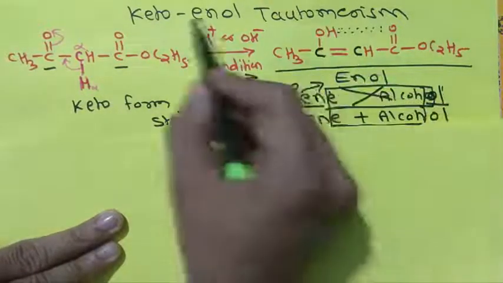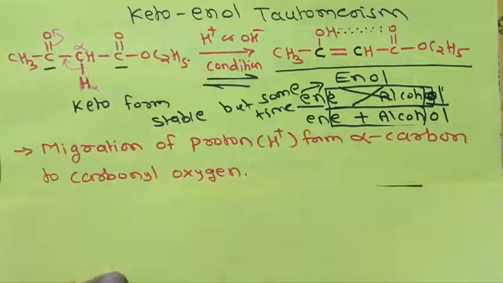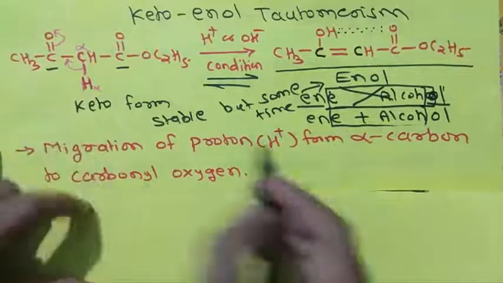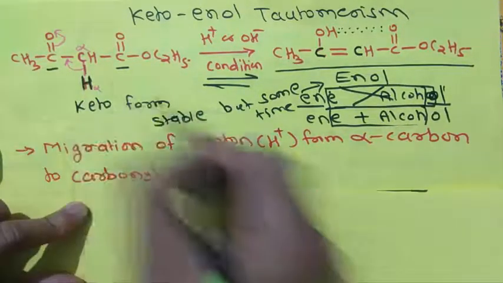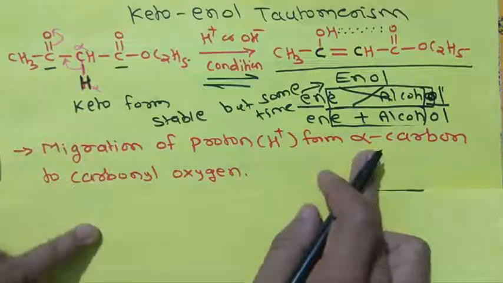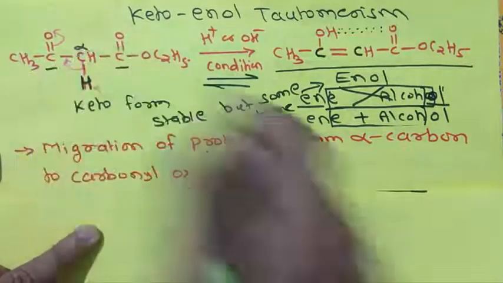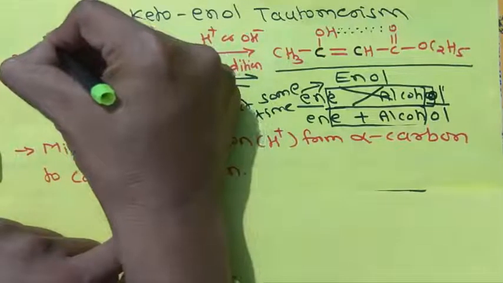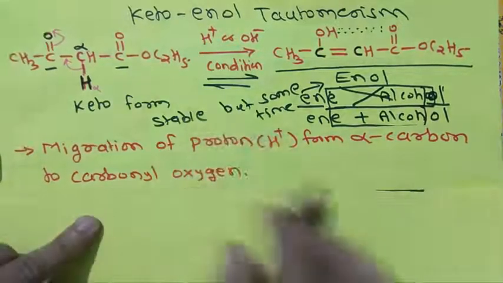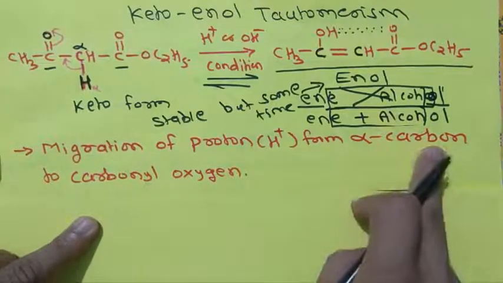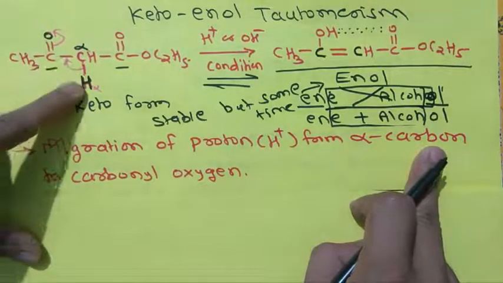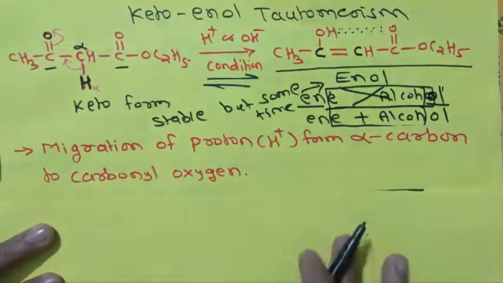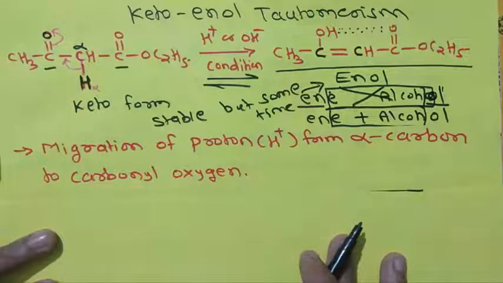We can define keto-enol tautomerism in such a way: the migration of the proton from the alpha carbon atom to the carbonyl oxygen atom is called keto-enol tautomerism.